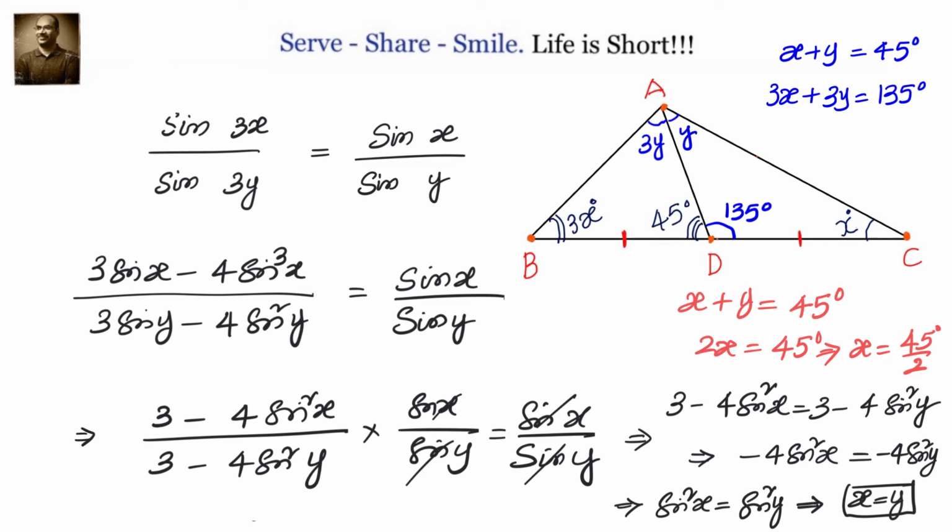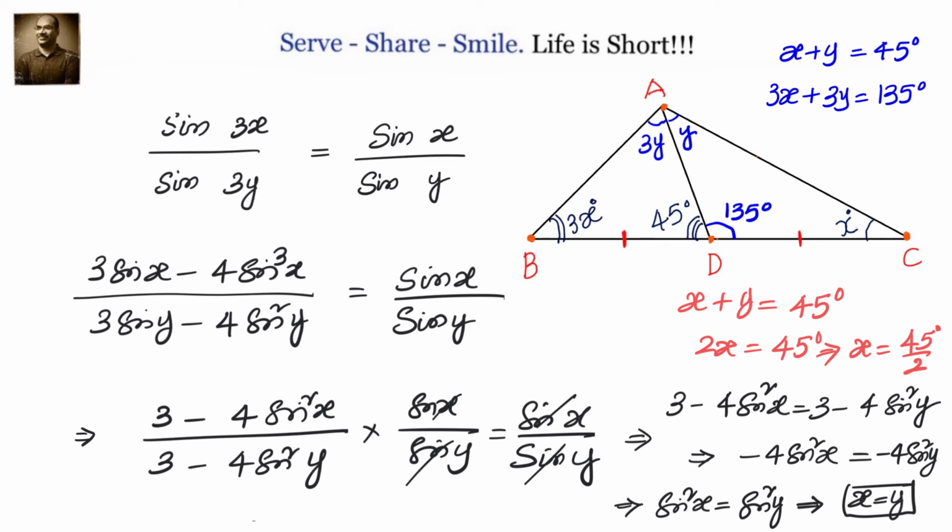Let's have a recap of this problem. We have been given triangle ABC, angle at C is x degrees and angle at B is 3x degrees. And we have been given angle ADB equals 45 degrees. We have to calculate the value of x. Now, we used trigonometry, the law of sines, to solve this problem. Our core logic is that BD equals DC and AD is common in both the triangles.